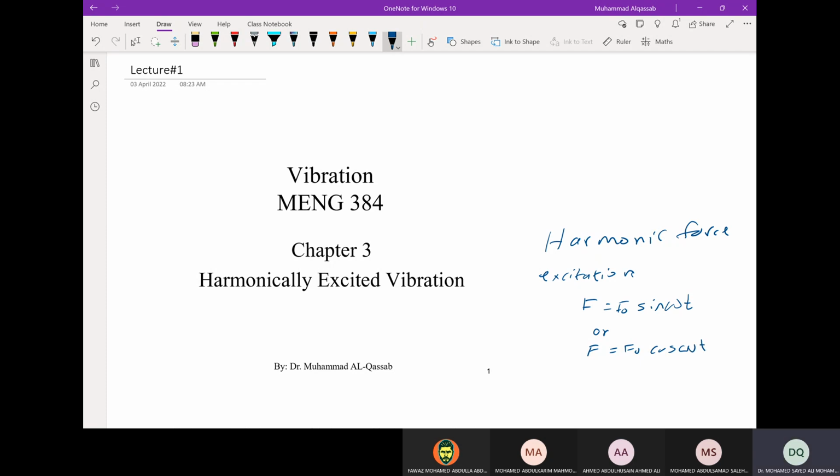Both functions here are harmonic. Sine or cosine are both harmonic, but we will take the simple form, either sine or cosine, not the combination. A combination becomes a complex harmonic.